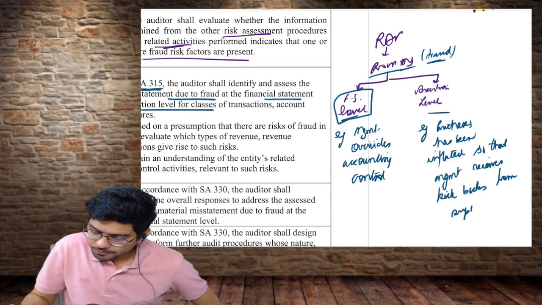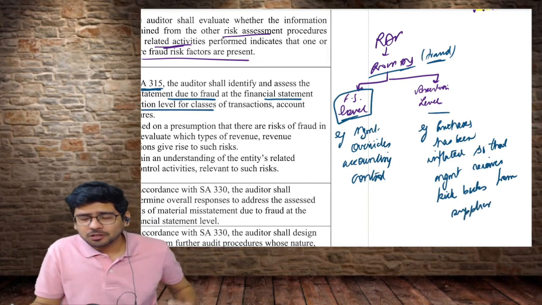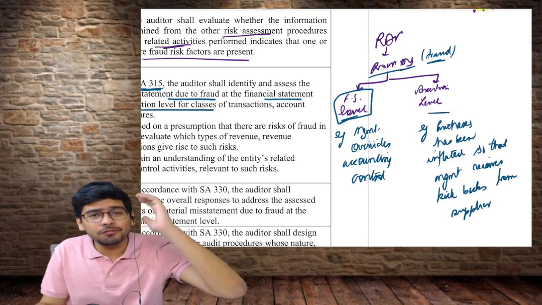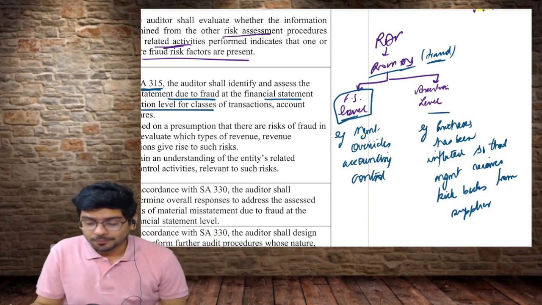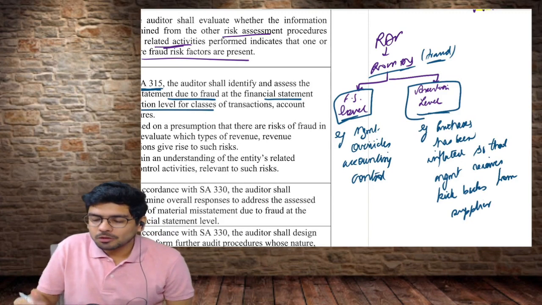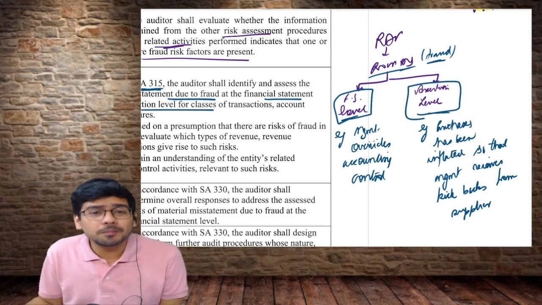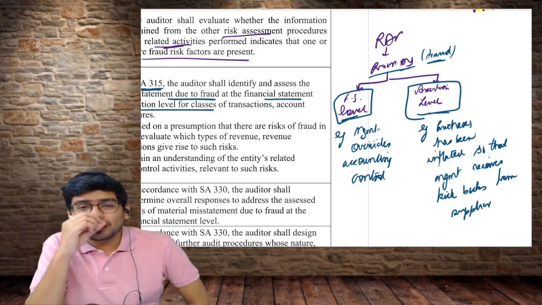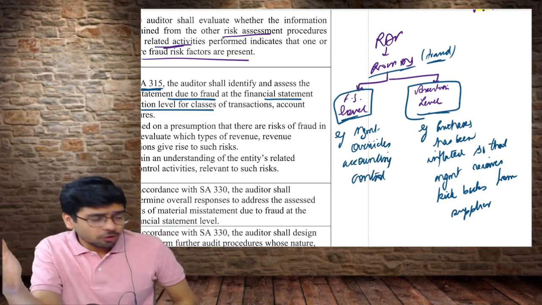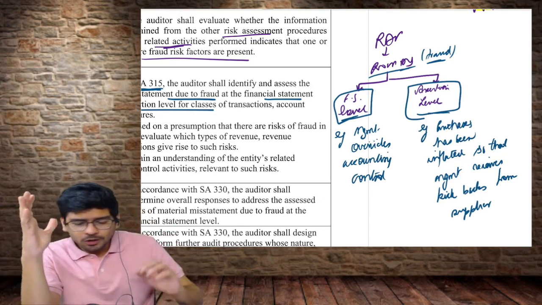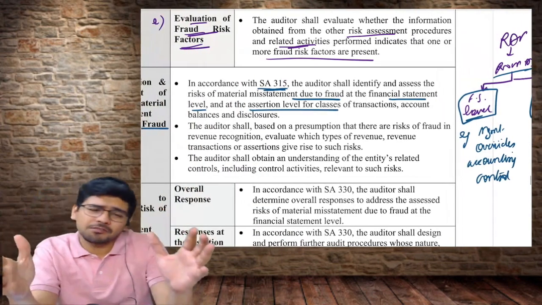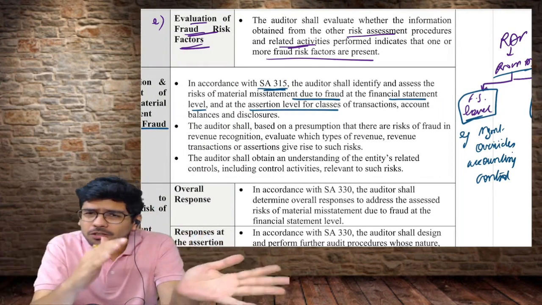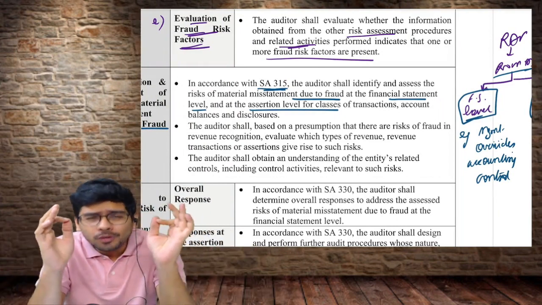So rather than making a purchase of 50,000, I pay you 1 lakh, so that you return me the 50,000 and it goes into my pocket. Okay. So if something like this happened, now this is an ROMMS at the assertion level. Fraud has happened in the transaction of purchase. So this is fraud with respect to assertion level. So what I'm trying to tell you is, as per 315, you have already studied this. ROMMS, be it because of fraud or error, you have to determine it at 2 levels.